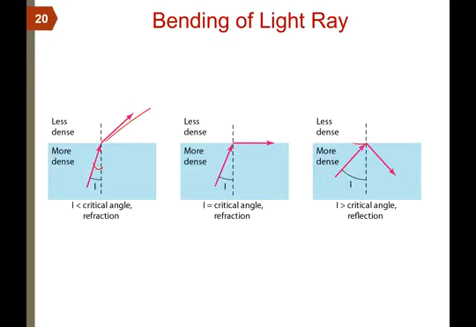So if this angle is more than the critical angle, and this critical angle depends on the density of these two materials, so for each material you have a different angle.